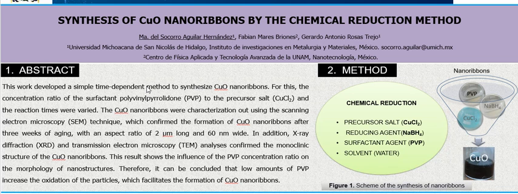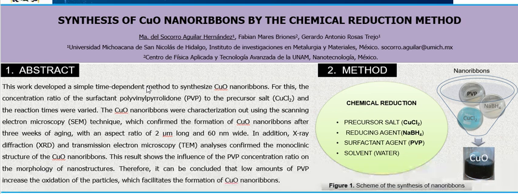The cupric oxide nanoribbons were characterized using the scanning electron microscopy technique, which confirmed the formation of cupric oxide nanoribbons after 3 weeks of aging, with dimensions around 60 nanometers by 2 micrometers.